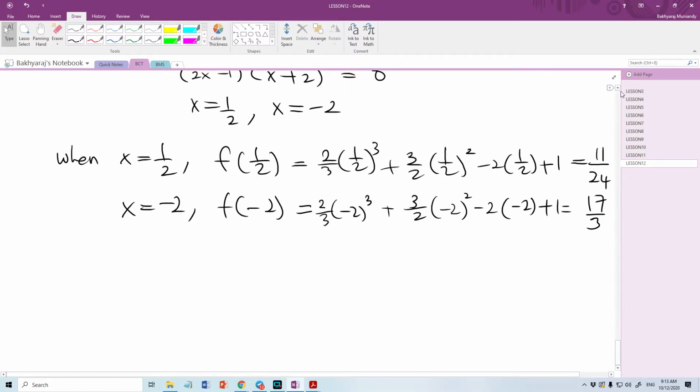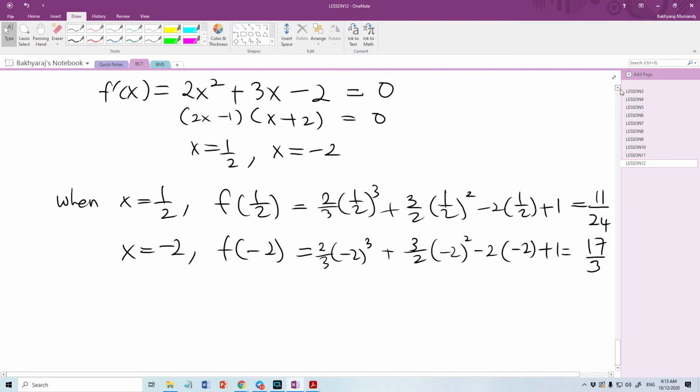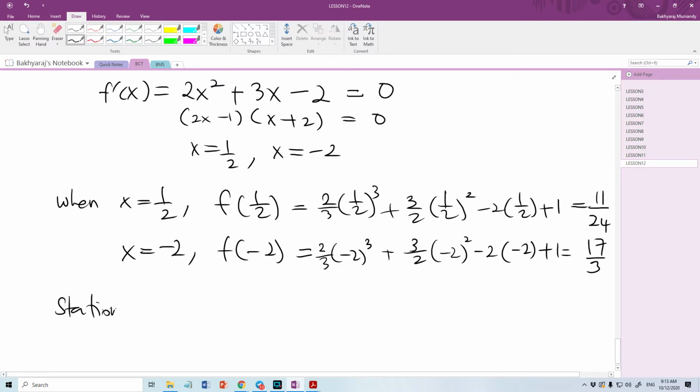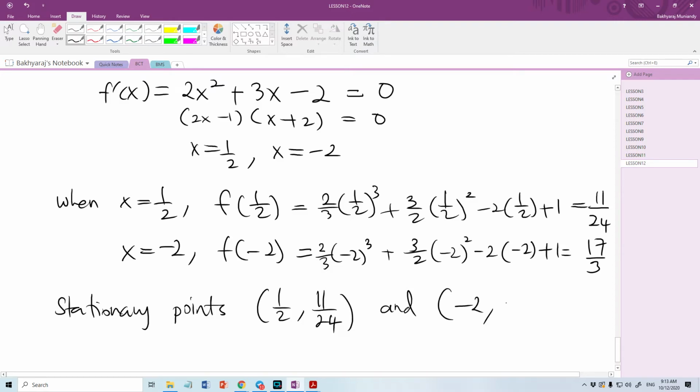Put them into coordinates. So the coordinates are what? The stationary points will be 1 over 2, comma 11 over 24 and negative 2, comma 17 over 3.